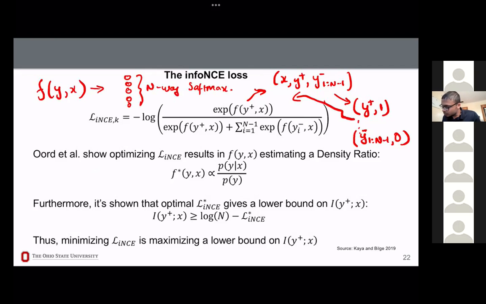And we were just trying to classify the positive sample correctly. The way it's obtained is just passing the y plus through a network, saying this should be 1, and passing any y minus through the network and saying this should be 0.